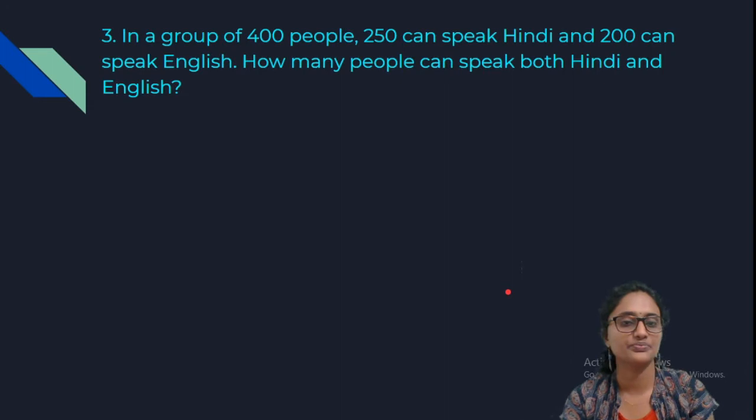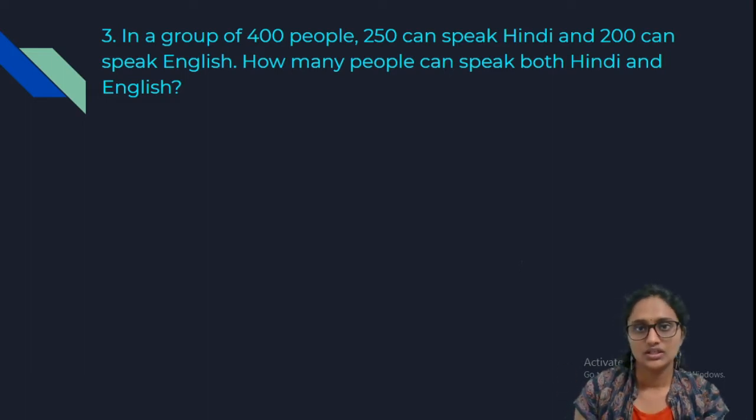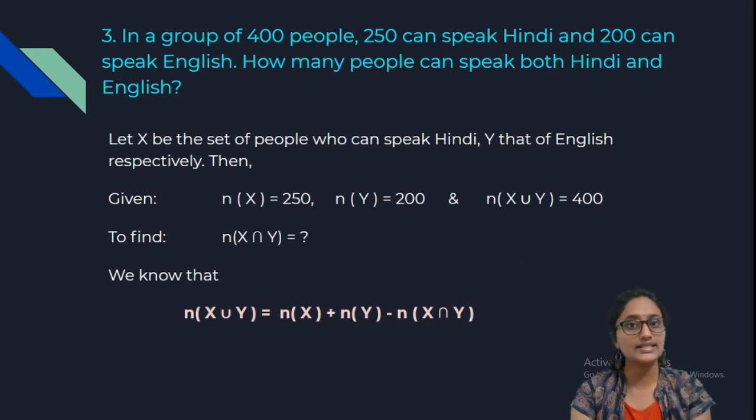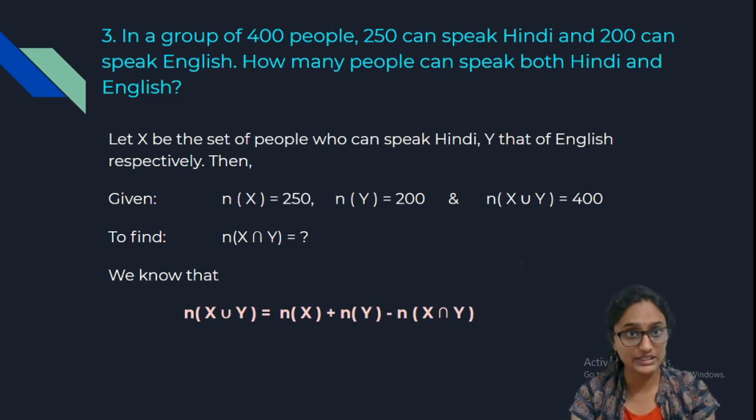So next problem. In a group of 400 people, 250 can speak Hindi, 200 can speak English. How many people can speak both Hindi and English? So here we are given a collection of people. Let's take X to be the set of people who can speak Hindi and Y that of those who can speak English.